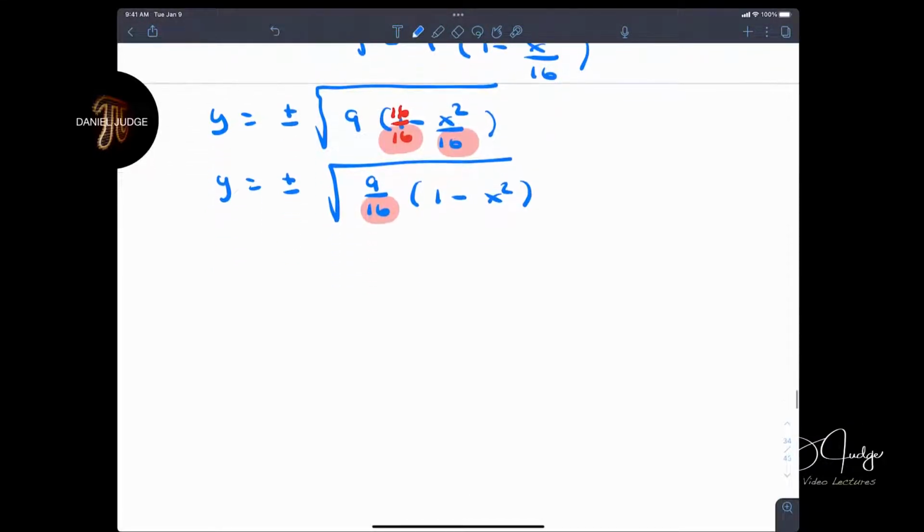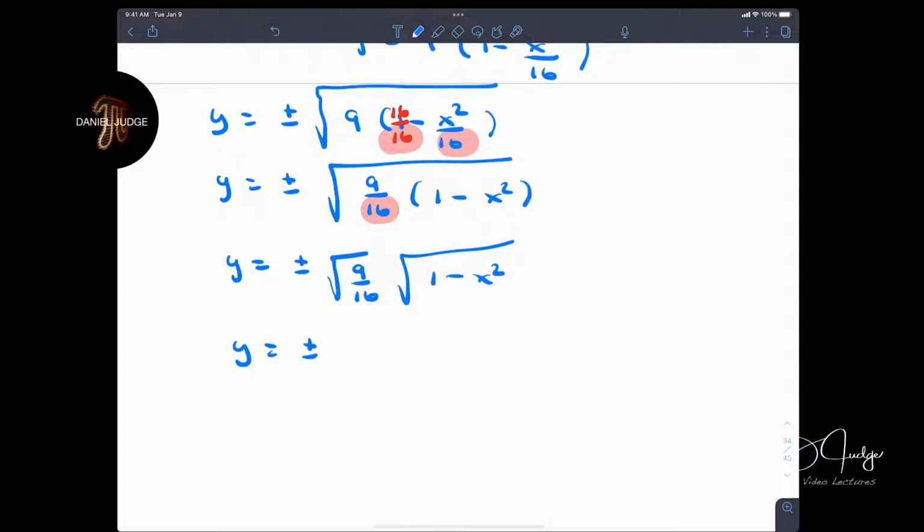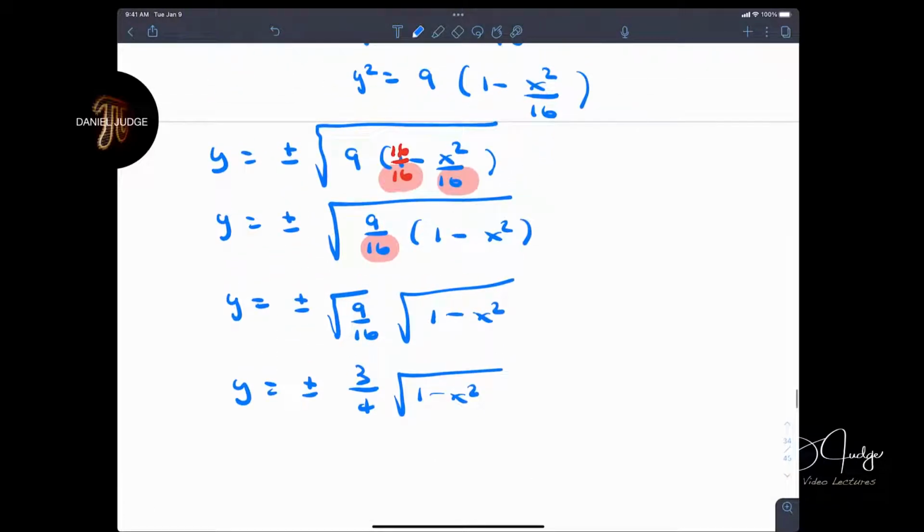Now, by the product rule, the square root of 9 over 16 times the square root of 1 minus x squared, and the square root of 9 over 16 becomes 3/4. So y is 3/4 square root of 1 minus x squared. That's the positive answer, and we have the negative answer.